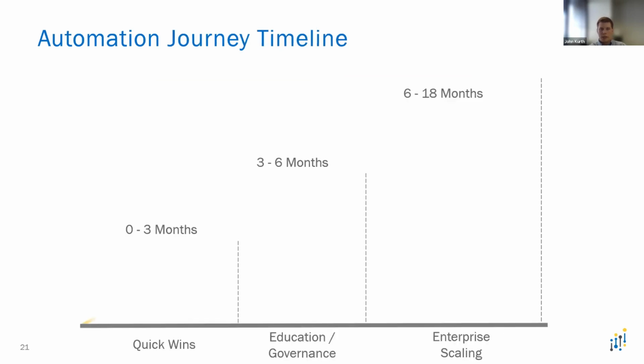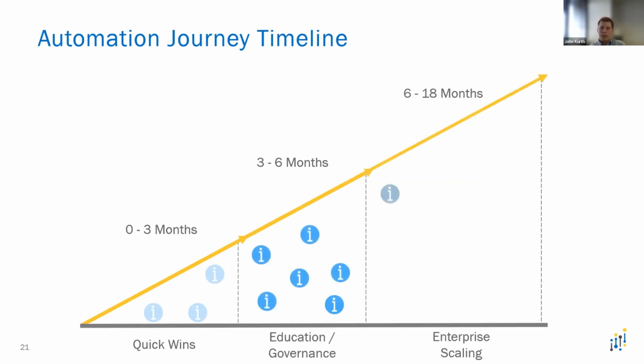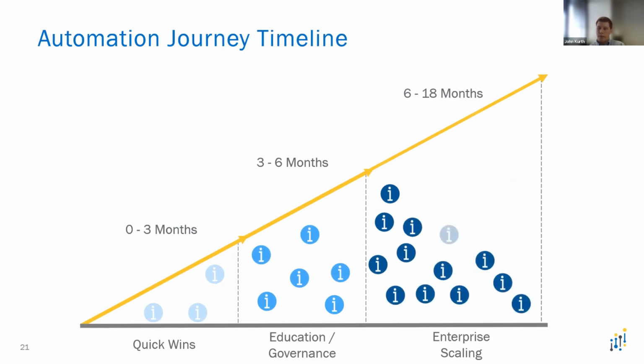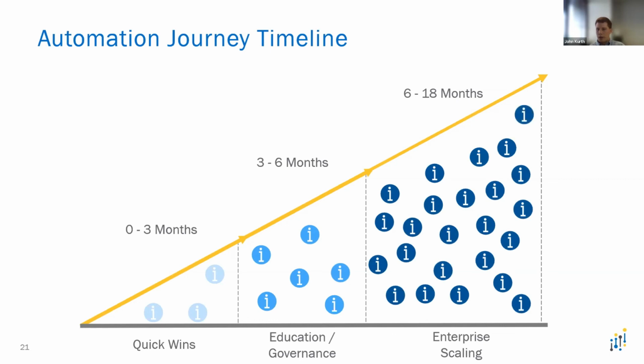And we really do see a journey that organizations go through, as we've been mentioning several different times: first executing on those quick wins, then setting up further education. So if you were to get started within supply chain or your operational area, start there, executing on those quick wins.